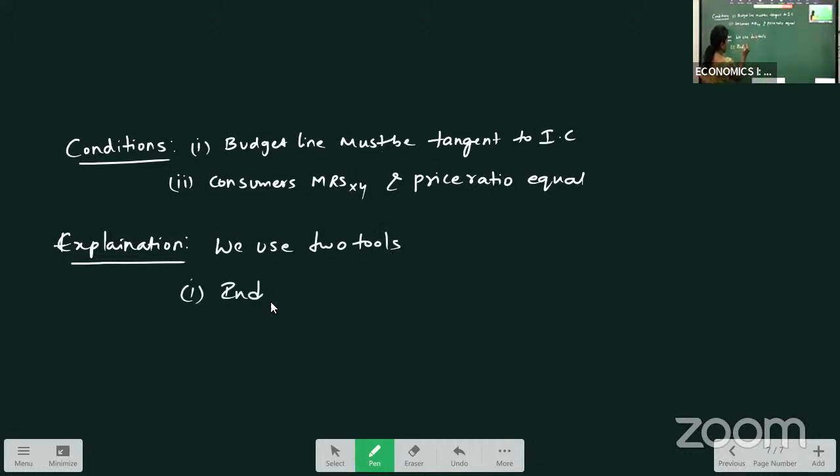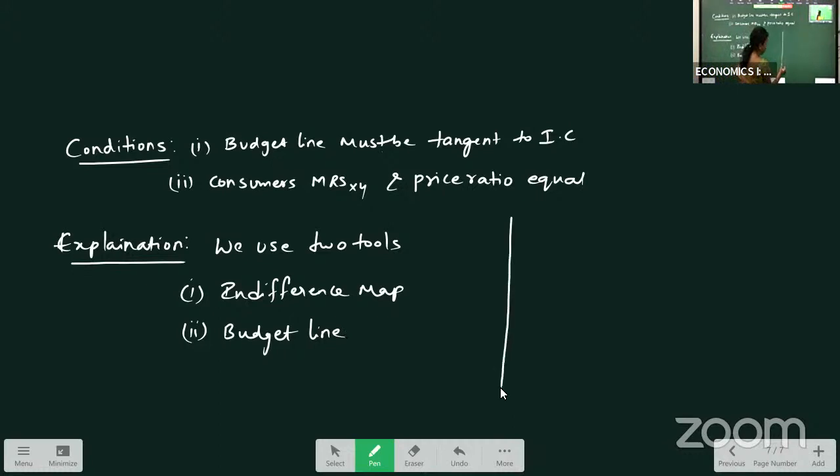One is the indifference map and the other one is the budget line. Okay, what are the two tools we are using to explain this law? Indifference map and budget line, right? So we all know what is indifference map. We know how the budget line will be there. Now, depending on this, how the consumer will get equilibrium, we will see. This will be explained with the help of a graph.